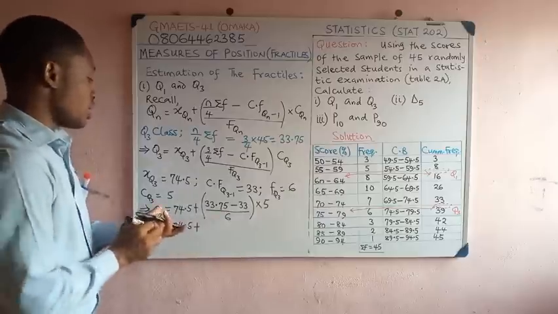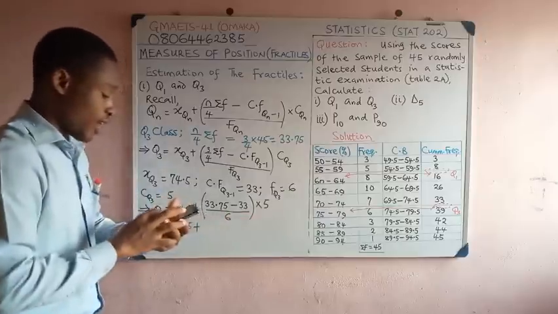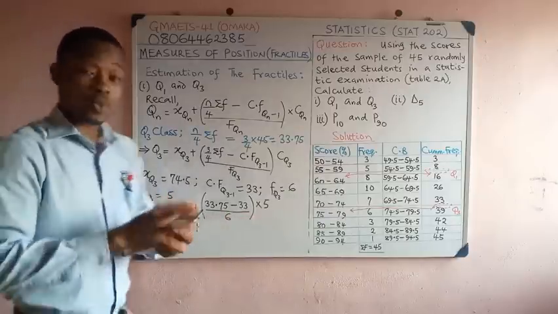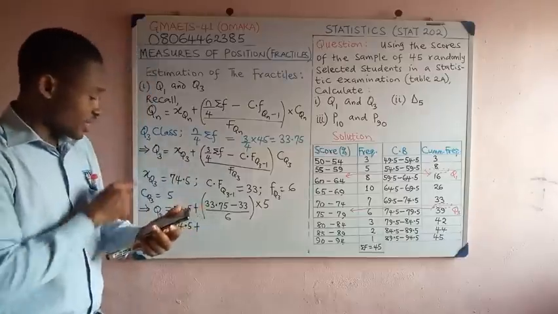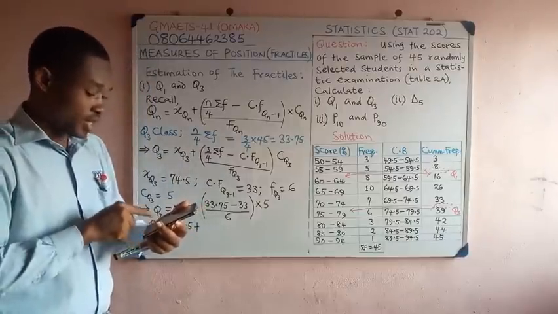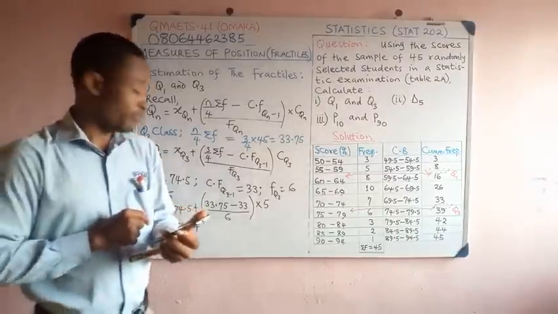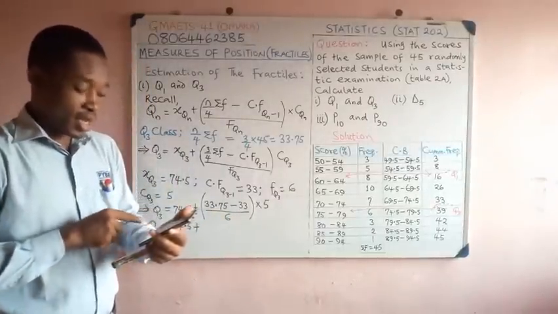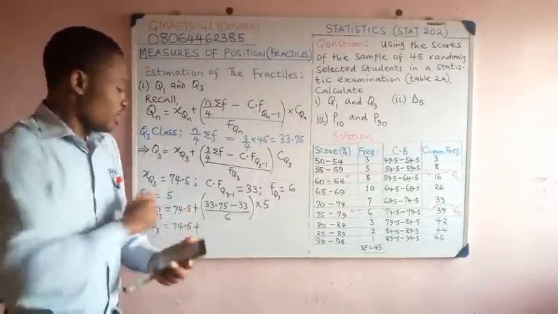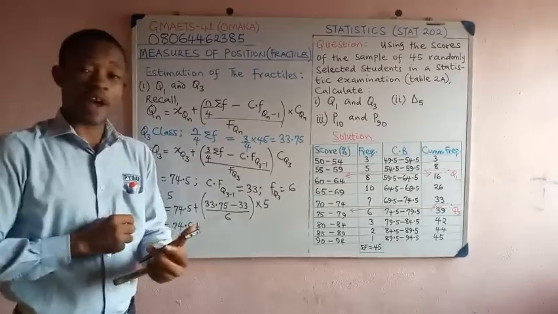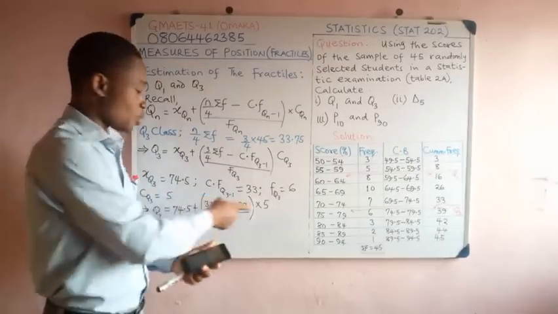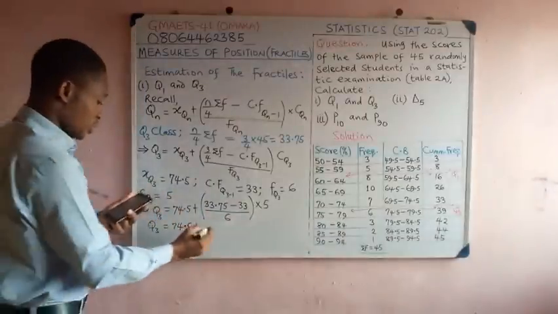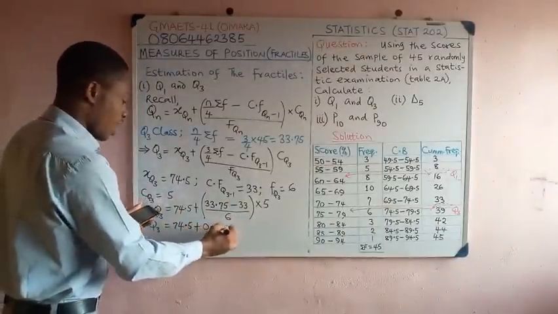Now let us obtain the value of this bracket times the 5 out there, so we can see what we're going to get. So 33.75 minus 33 is giving me 0.75. I'm going to divide it by 6, and I have 0.125. So the whole bracket here is 0.125. I will multiply it by the class width 5, which gives me 0.625.